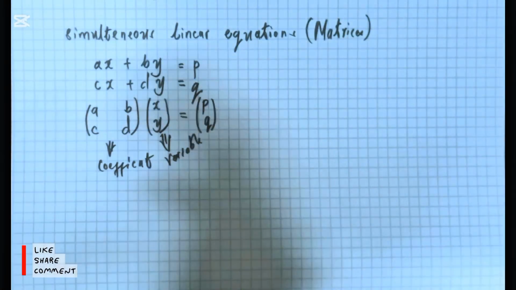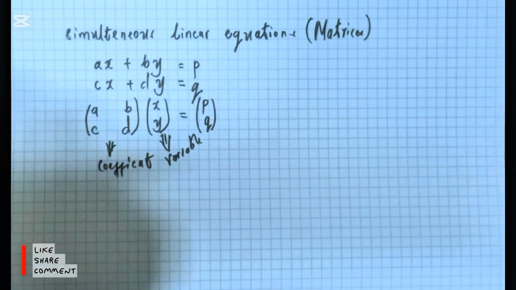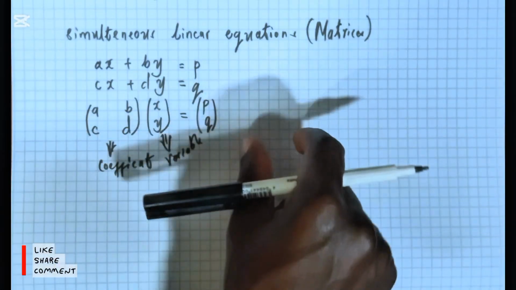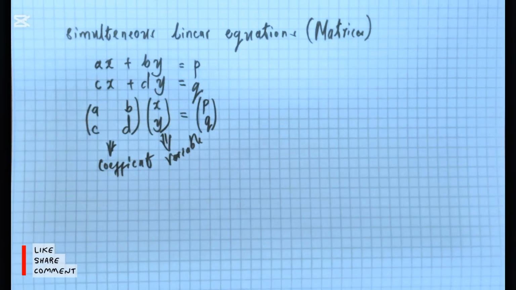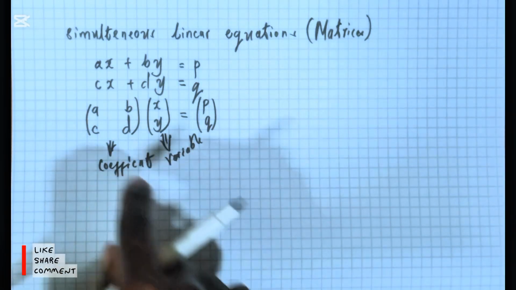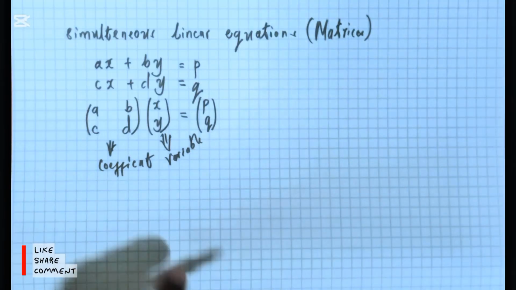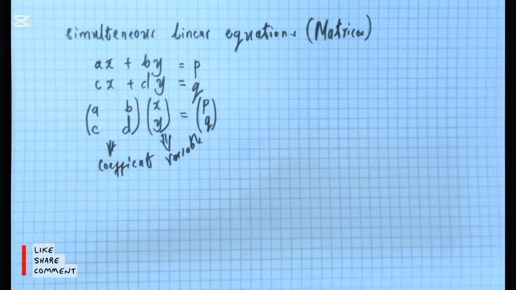Of course, to solve it, we will have to multiply the left and the right hand side by the inverse of our coefficient matrix.